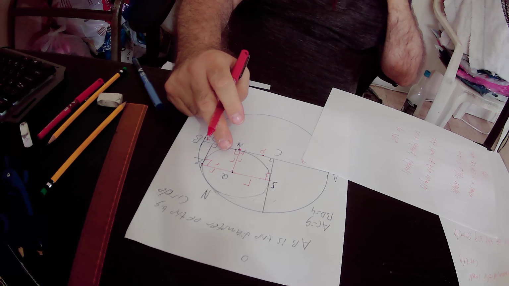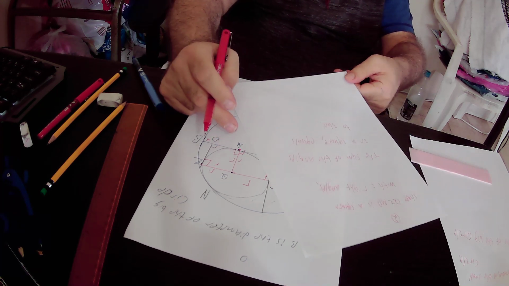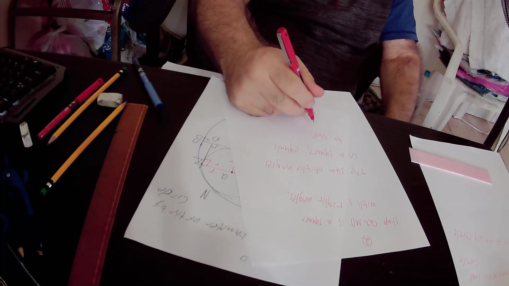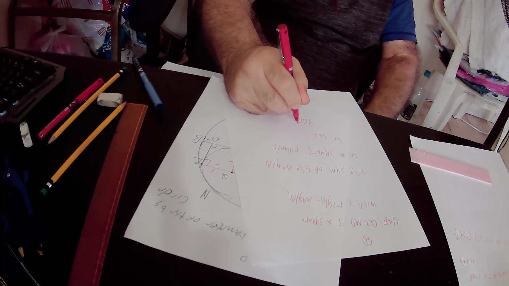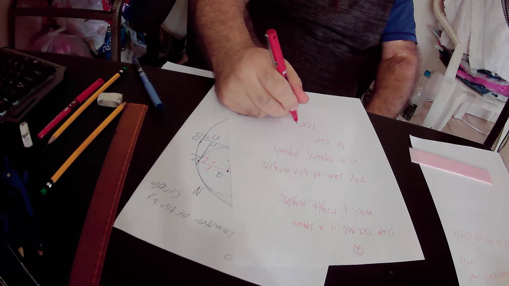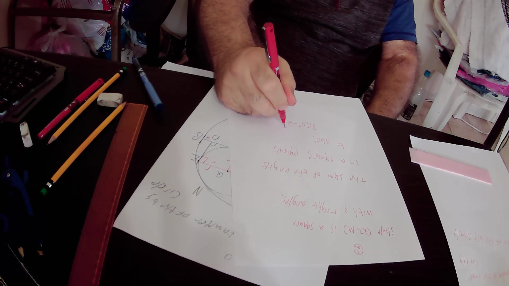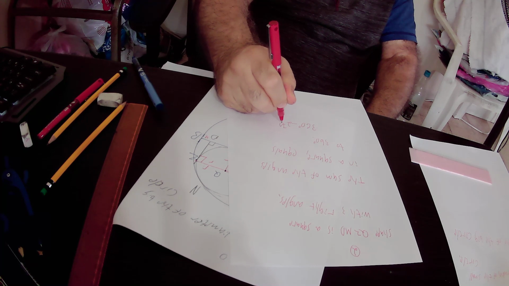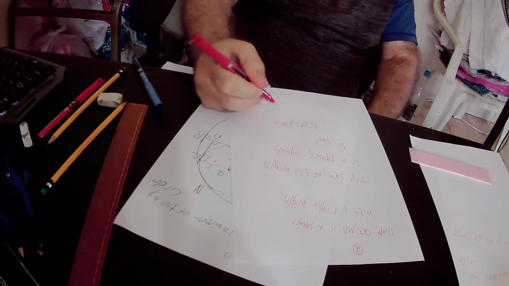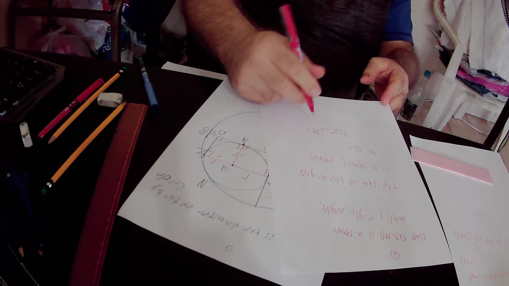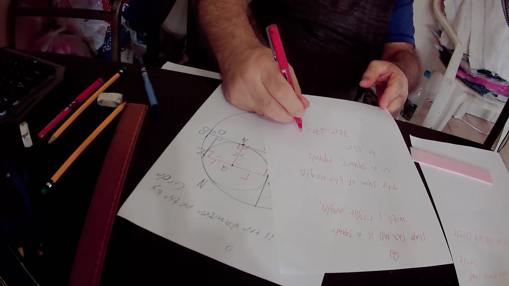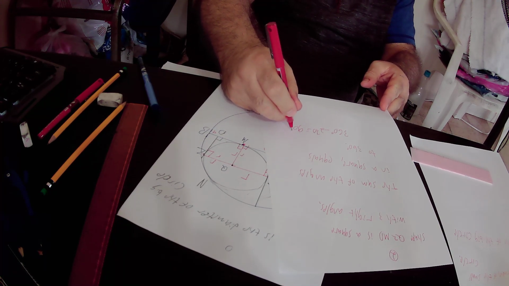So the 4th angle must equal 360 degrees minus 270 degrees, which equals 90 degrees.